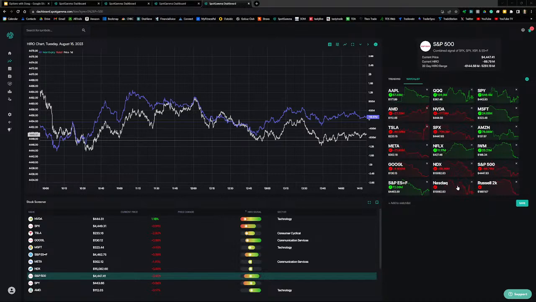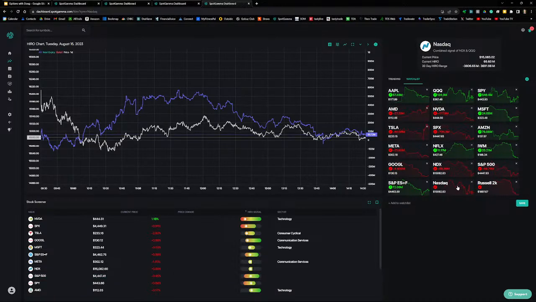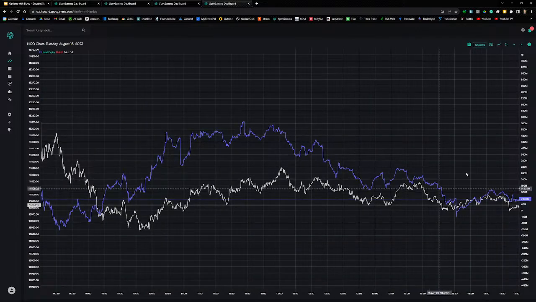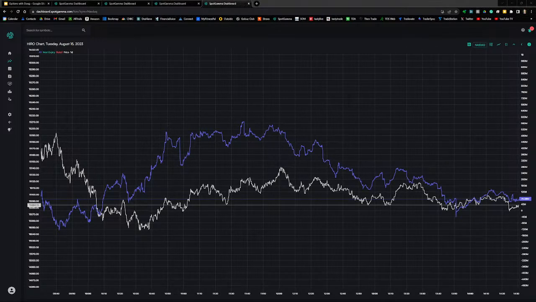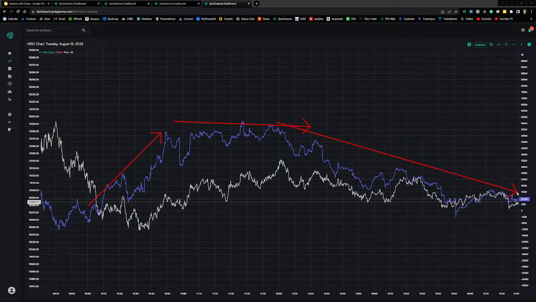Let's take a look at NASDAQ. So overall notional value for NASDAQ is slightly negative. Slightly positive, I'm sorry. So still positive, but has been trending lower. Moved up, divergence long, flattened off, and starting around noon, definitely trending lower.